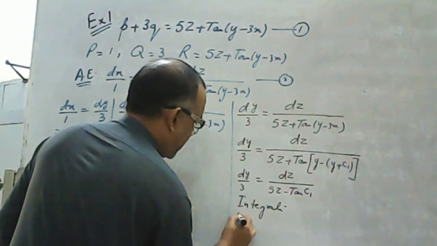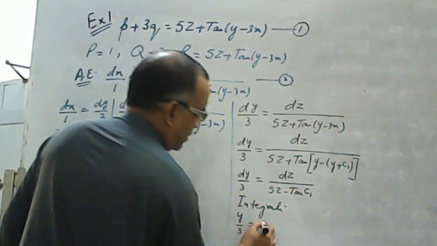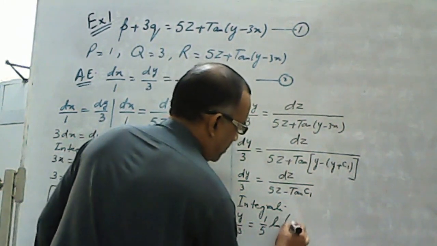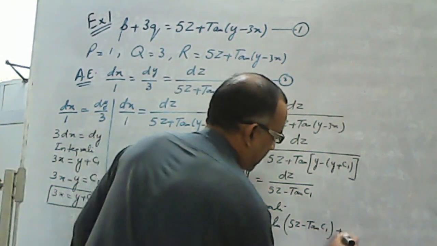So this will become y upon 3 equal to 1 upon 5 log of 5z minus tangent c1 plus c2.